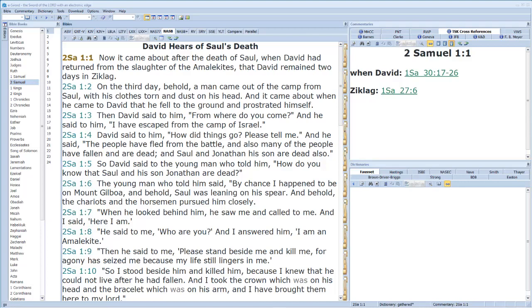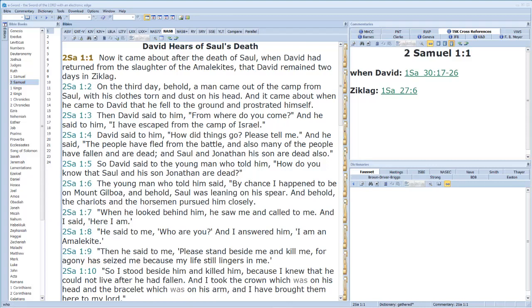This is the firsthand account that David has of the battle and what happened. And he said, "The people have fled from the battle, and also many of the people have fallen and are dead. And Saul and Jonathan, his son, are dead also." And so David finds out for the very first time what happened to Saul and to his sons, and especially Jonathan, because Jonathan had a covenant with him and was one of his best friends.